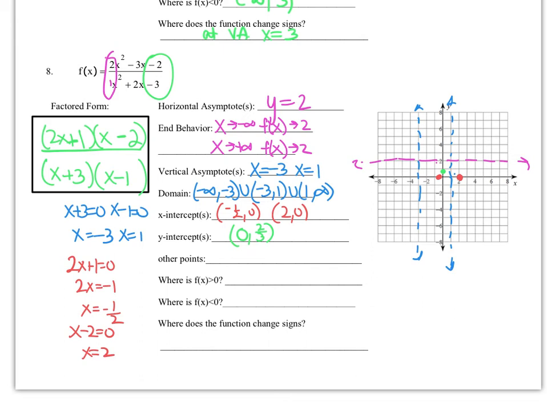So I would say go to the left of our vertical asymptote at like -4 and see what your output is. And that's about 8.4. So -4, 8.4 is up here. So that's going to give you this graph. In between, it looks a little weird between -3 and 1.